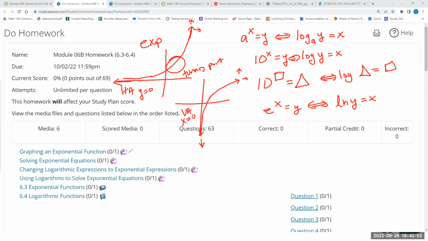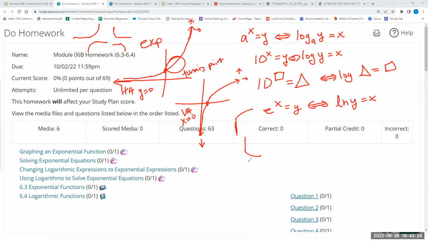Notice the x and the y switch, vertical and horizontal switch, and the intercepts switch from the y-axis to the x-axis. For the exponential, you want the general shape: a horizontal line and then a curve. It could be going different ways, but the important thing is that horizontal looking piece. Whereas the logarithm has the vertical looking piece and then the curve, whichever way it happens to be going.